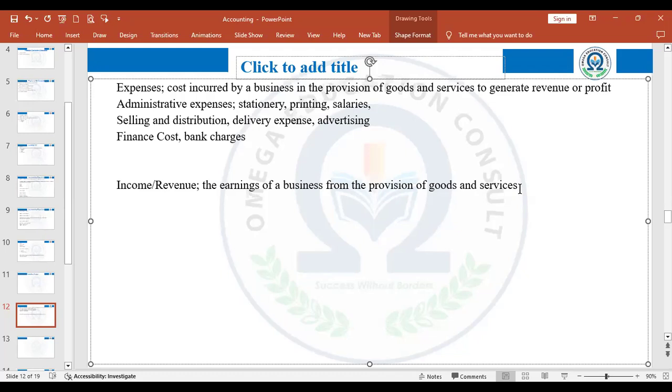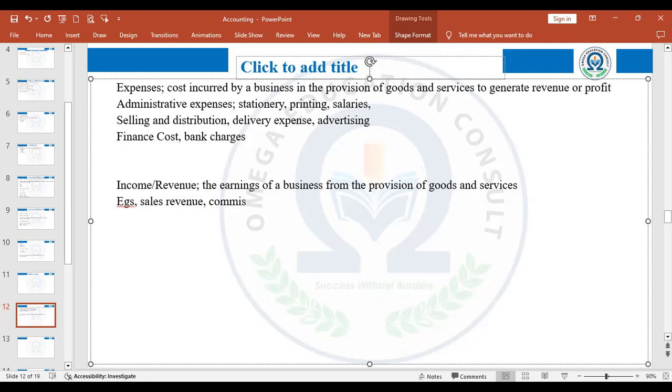So talking of income, examples include sales revenue. When I sell the Indomie, what I get is sales revenue. I can also be receiving commission.